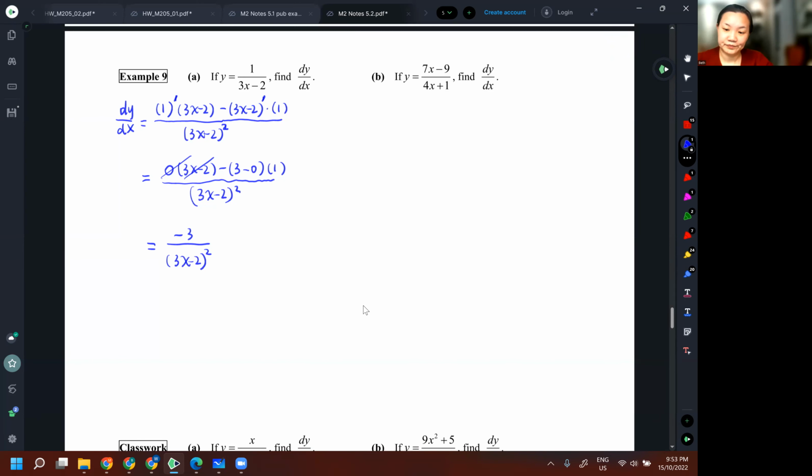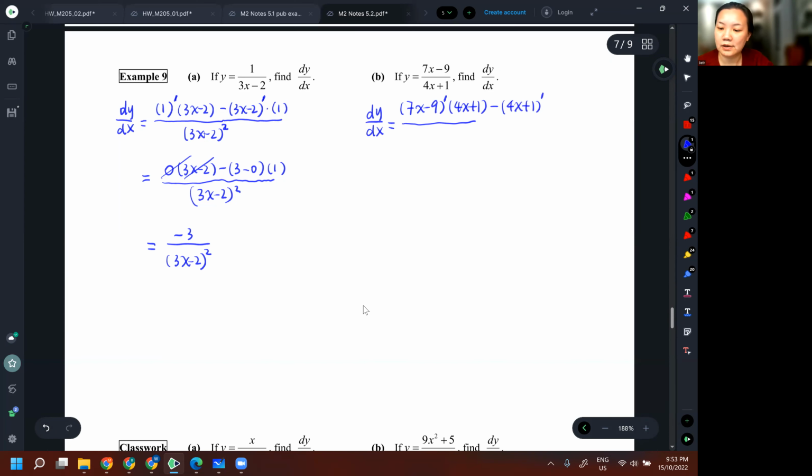Show you another one. dy/dx equals d high low minus d low high divided by low squared. So in this case, seven minus 9 minus 0.